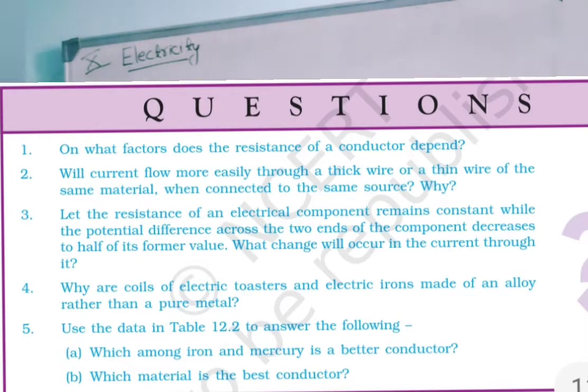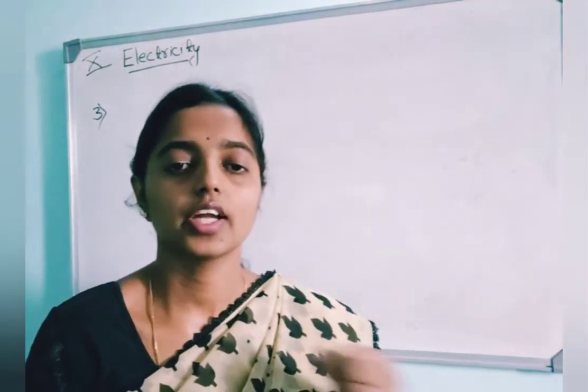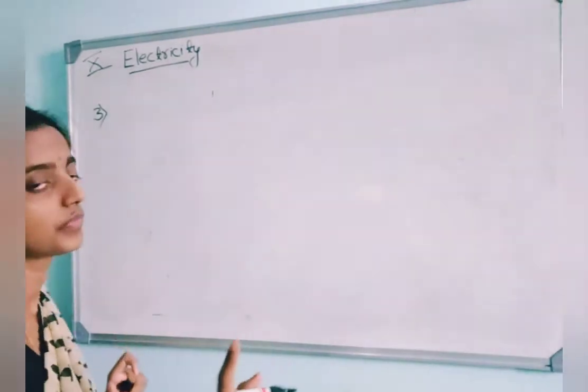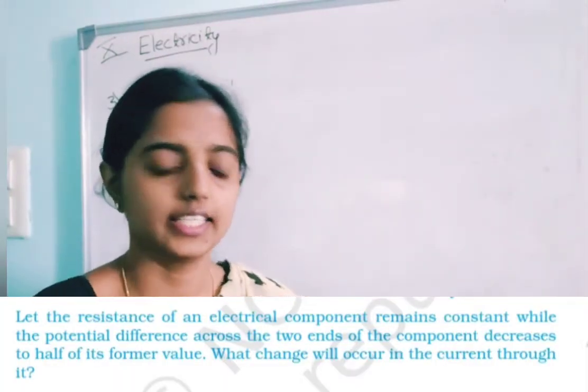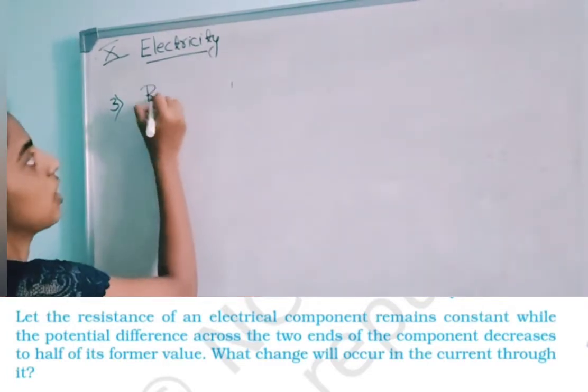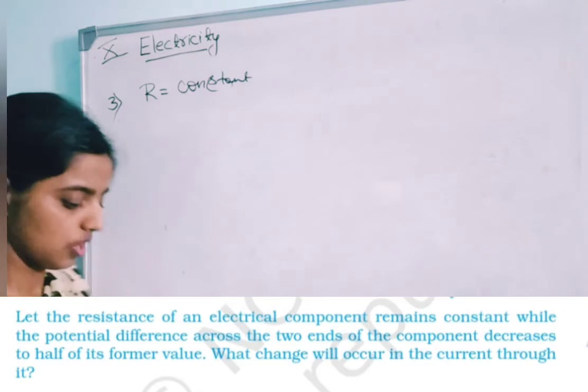Now, this is a simple question. You need to understand the question. So, based on the question, try to write the given data. Later on, you can substitute and you can easily get the answer. Now, what are they given? Here they are given that resistance is constant. So, R is constant. And what have they mentioned?